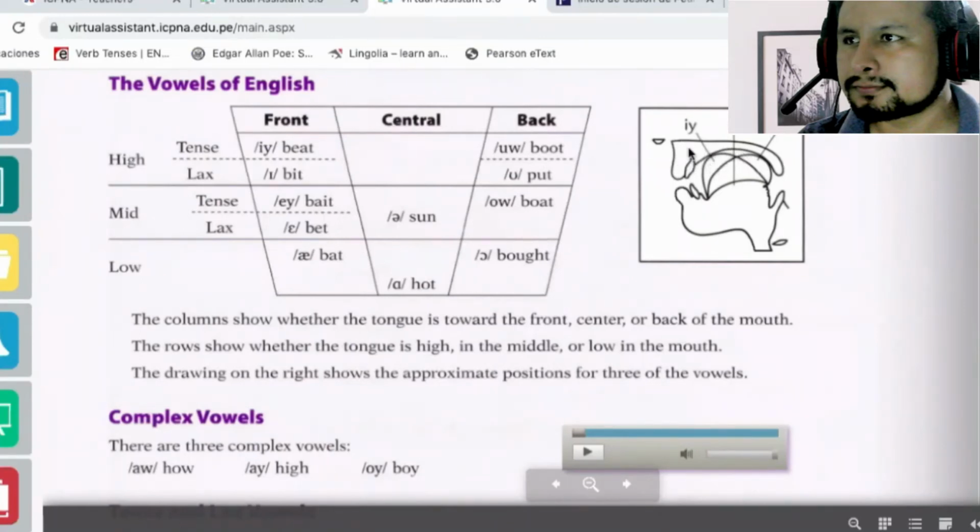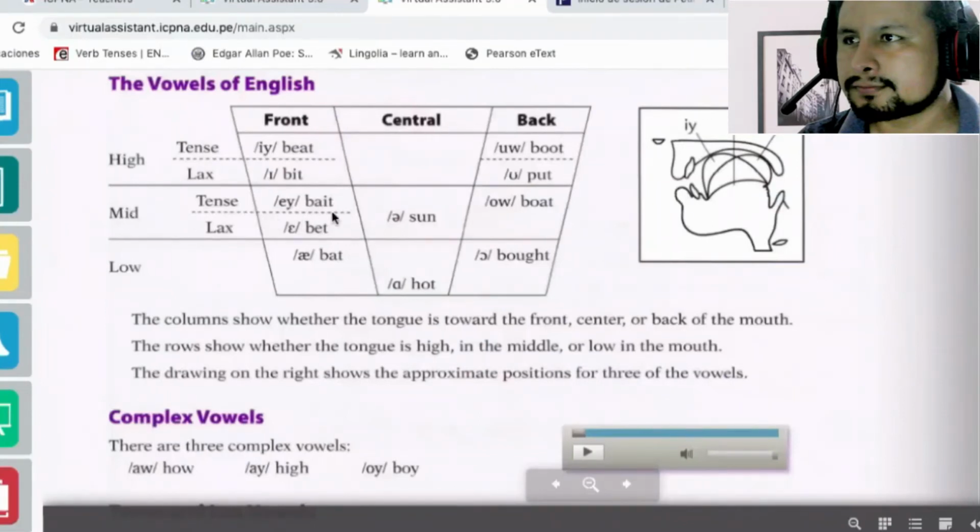And when you make, for example, the oo, now you can see that the tongue is high, but back. So these words are just telling you where the tongue goes.